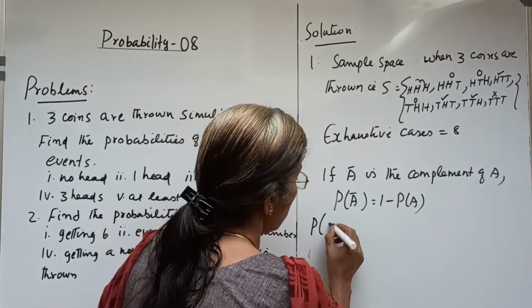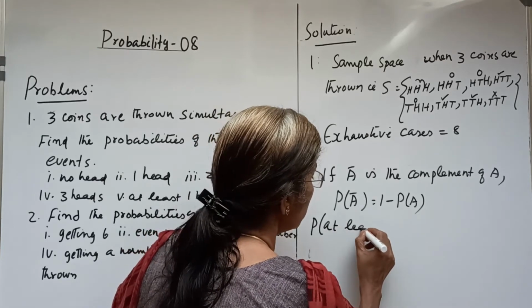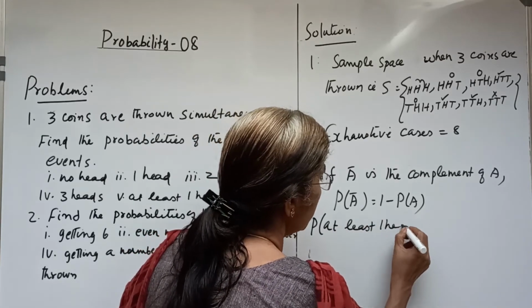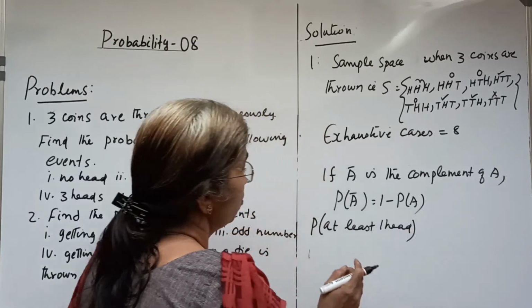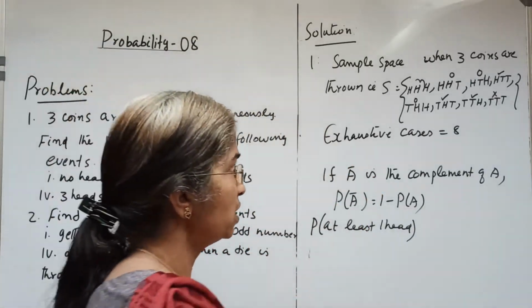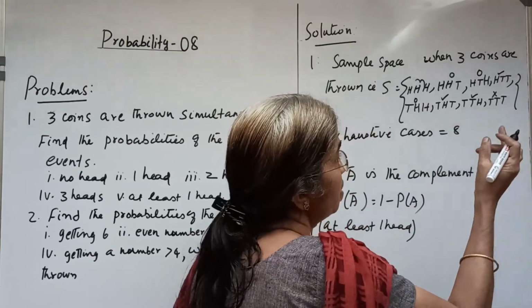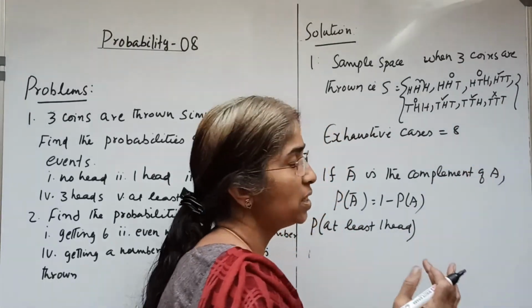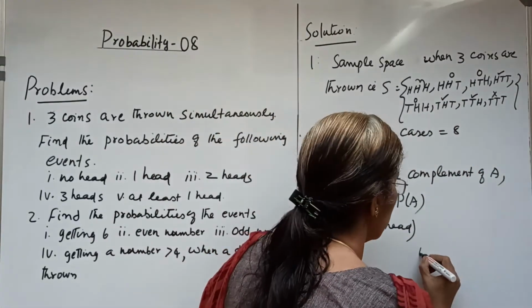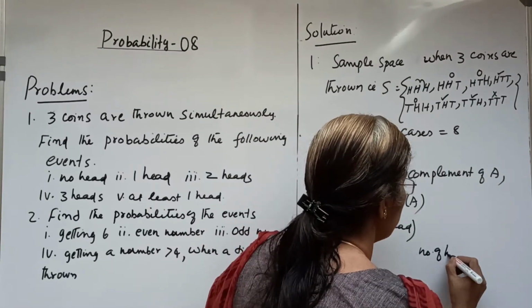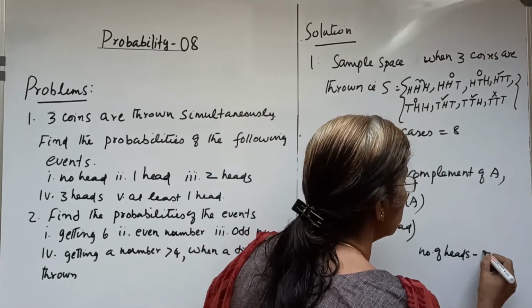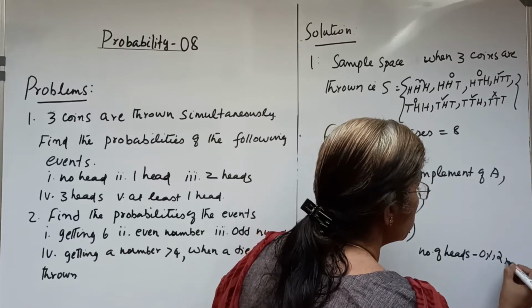So here the probability of at least 1 head can be obtained as follows. When we toss 3 coins, the results are no head, 1 head, 2 heads and 3 heads. That is, number of heads means 0, 1, 2, 3.